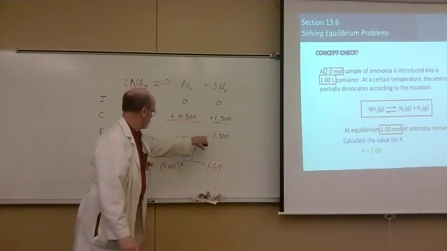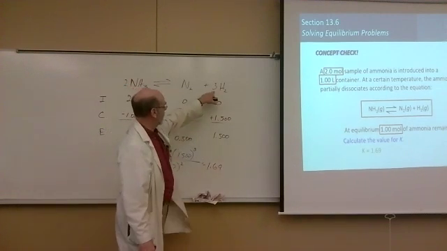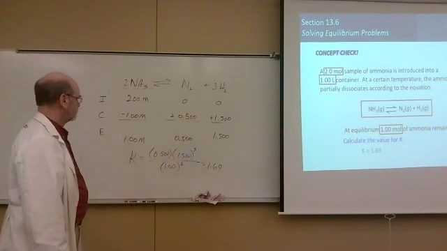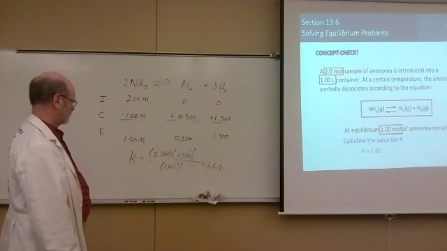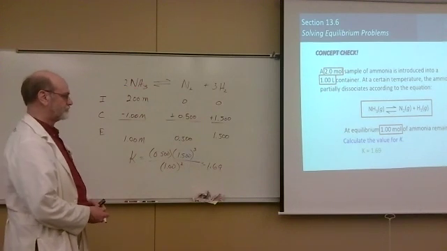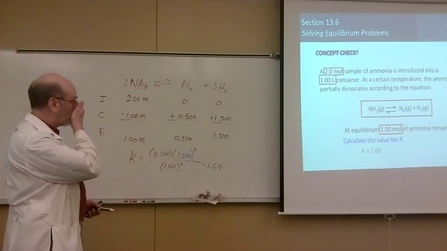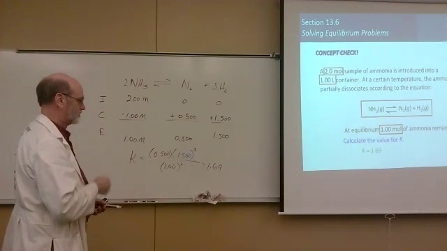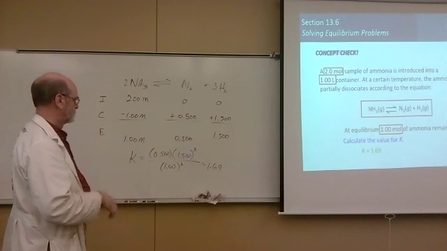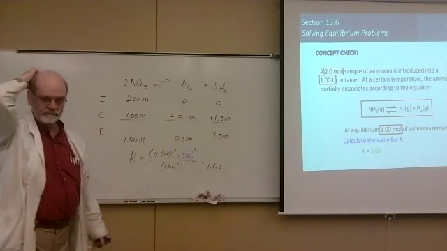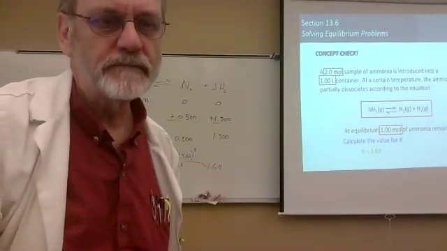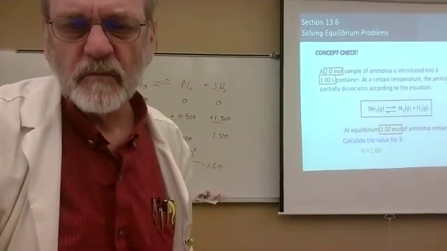In this case, the concentration of nitrogen is 0.5, no power, coefficient is 1, multiplied by hydrogen is 1.5 to the third power, coefficient is 3, divided by ammonia, concentration is 1 mole, to the second power because it's coefficient 2.